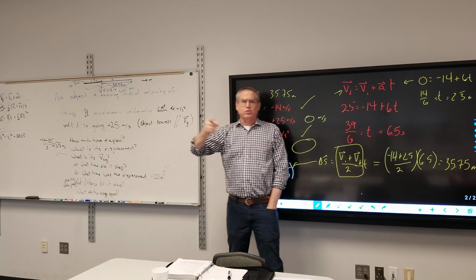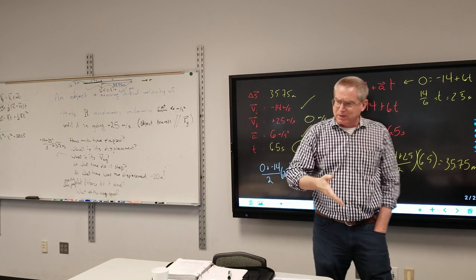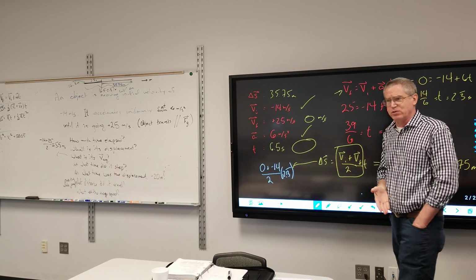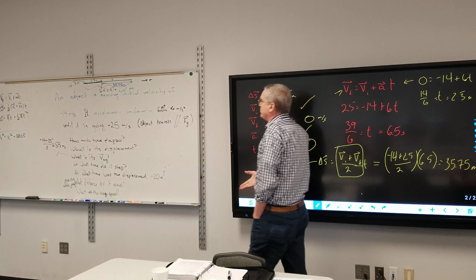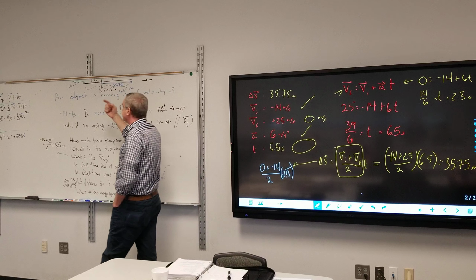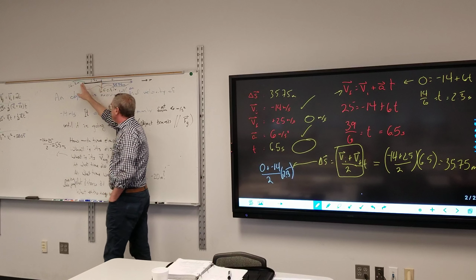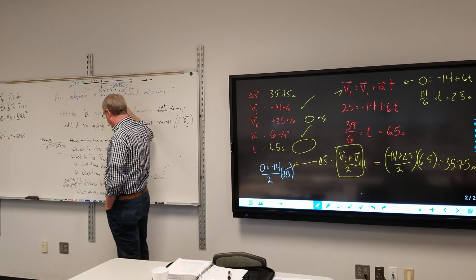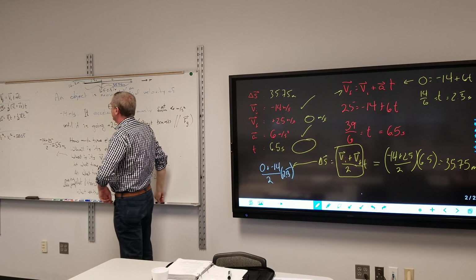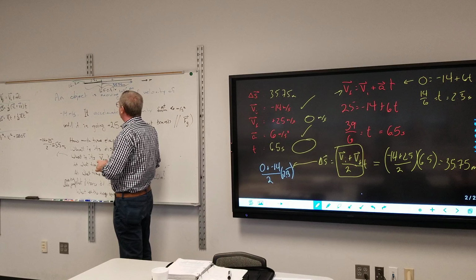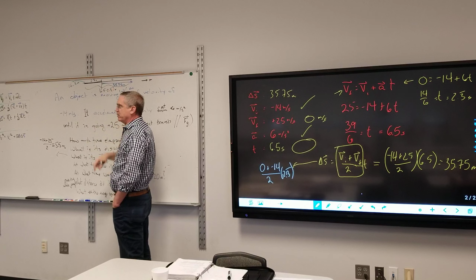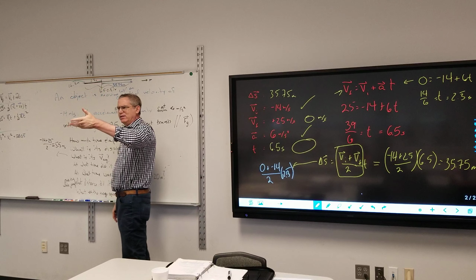He has to get back to the start because the final displacement, 35.75 meters, is relative to his starting point. So we have to add the 16.3 twice: once to the stopping point, once back to the starting point, and then to the final point. End of problem point.